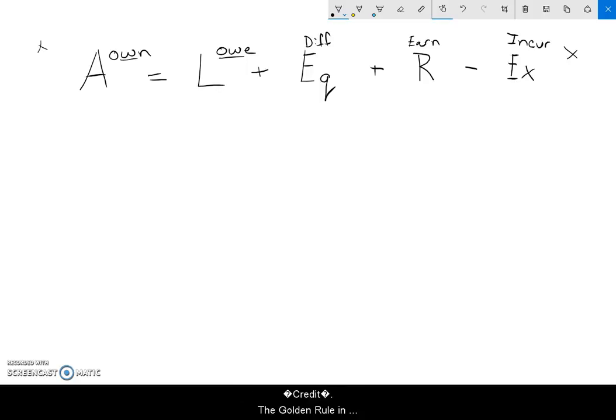The golden rule in accounting is that debits always equal credits. So anything you do to the left side or debit side, you have to do an equal amount to the credit side. If you don't, it's out of balance, and that's not good.